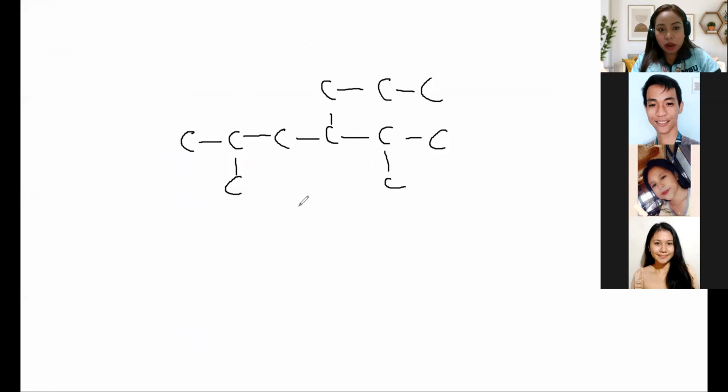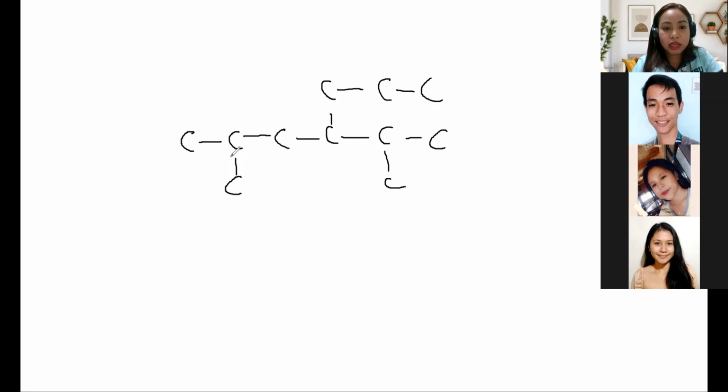Now, which one is our longest chain? We will start here. 1, 2, 3, 4, 5, 6. 1, 2, 3, of course, not. 1, 2, 3, 4, 5, 6, 7. Probable. This one is possible. Or this one? 1, 2, 3, 4, 5, 6.